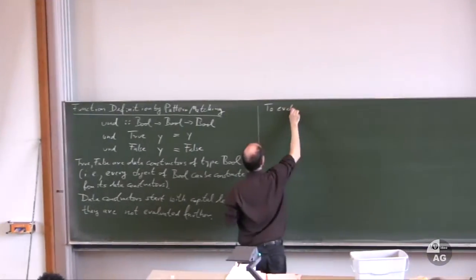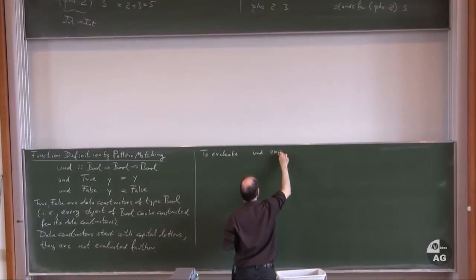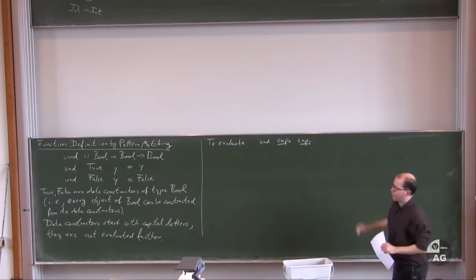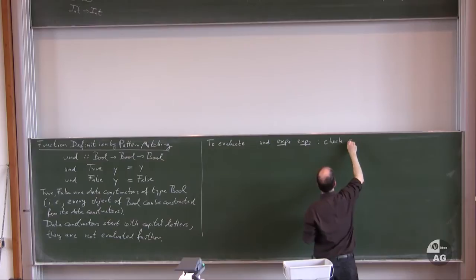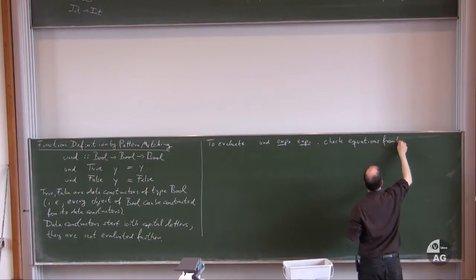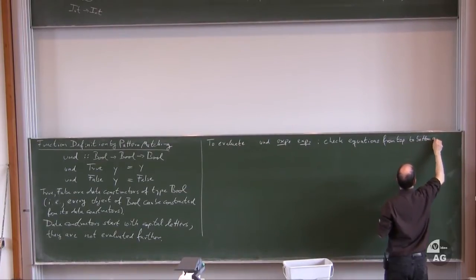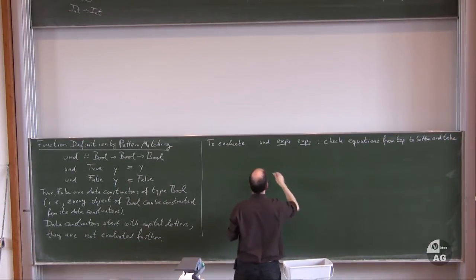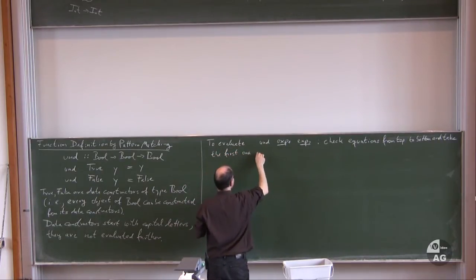To evaluate an expression like und exp1 exp2, Haskell checks these defining equations from top to bottom, and takes the first one where the patterns match.